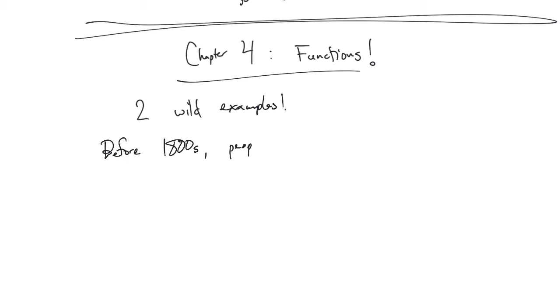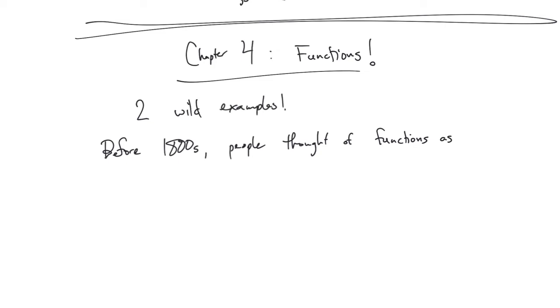People thought of functions... If you said, for instance, to somebody like Isaac Newton, what is a function? I don't know what he would say exactly, but he would not say what we would say. If you ask me what is a function, I would say a function is any kind of rule which associates, if you give me some input x, I tell you what the answer is, like y or f of x.